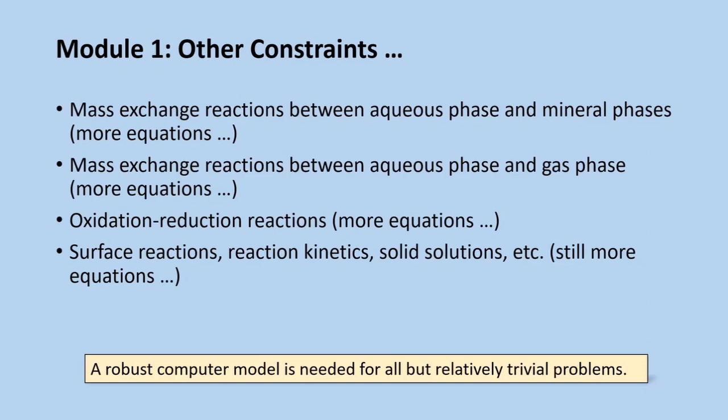These include mass exchange reactions between the aqueous phase and a mineral phase or mineral phases, mass exchange reactions between the aqueous phase and a gas phase or a mixture of gases, oxidation reduction reactions that involve electron transfer, surface reactions, reaction kinetics, solid solutions, etc. All of these considerations require their own sets of simultaneous, generally nonlinear equations to solve. So you can see where this is going. A full numerical model beyond what you could put together with a spreadsheet is going to be warranted most of the time.